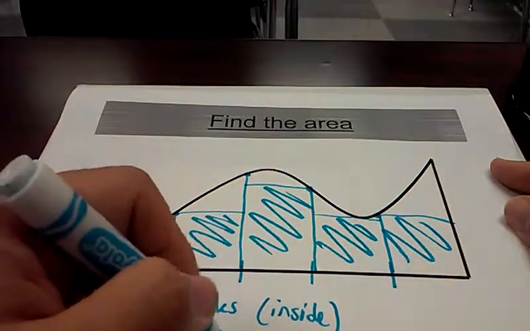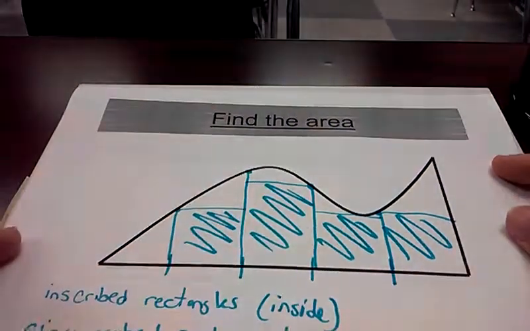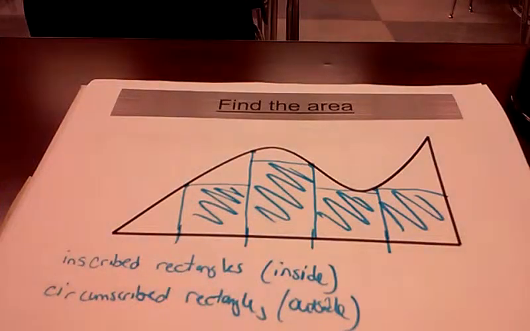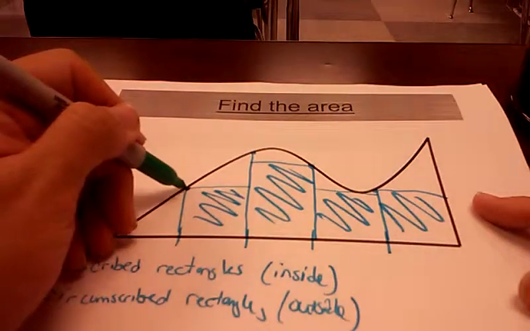rectangles, that's when the rectangles would be outside of the shape. So that would look something like this.